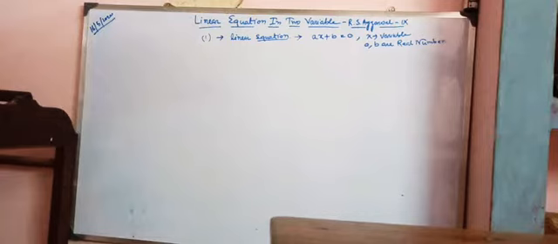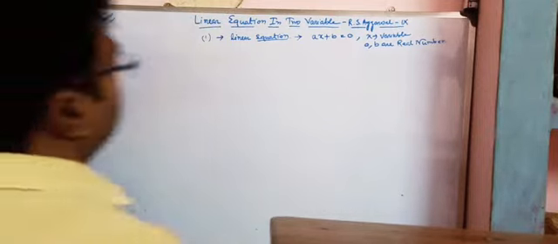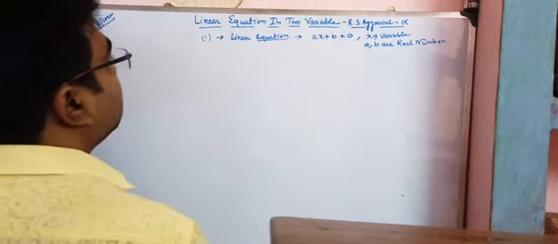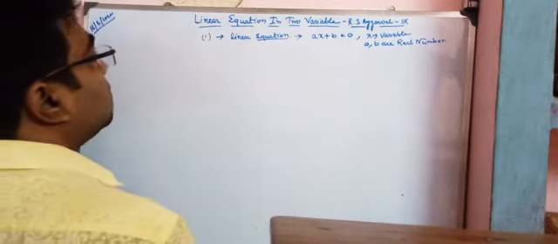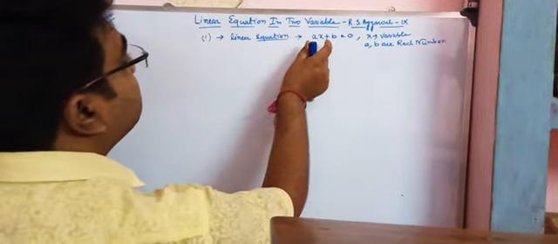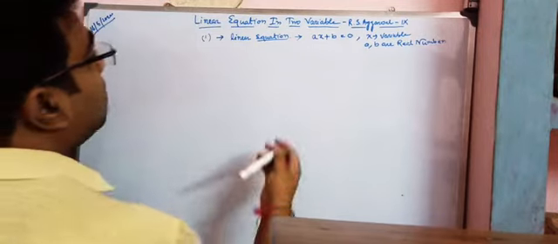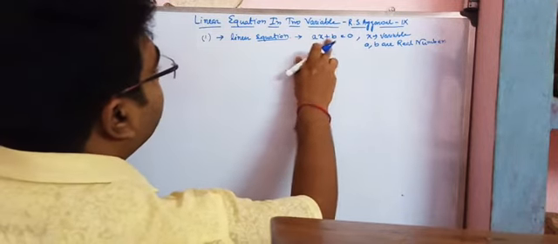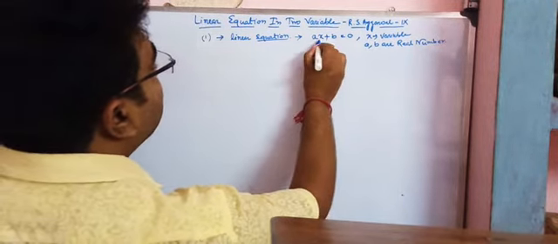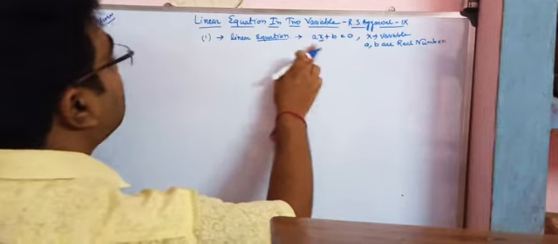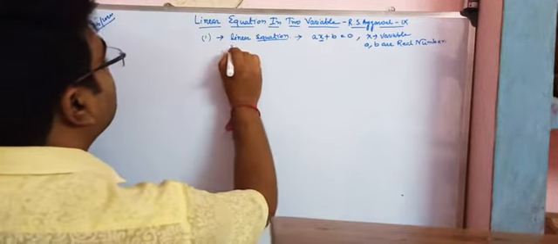So this is called the linear equation. What I have written here is called a linear equation of one variable. Why is it one variable? Because here only one variable, that is x, is present, only one unknown is present. That's why it is a linear equation in one variable.